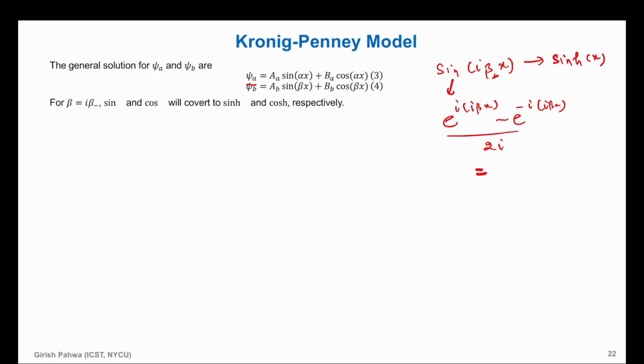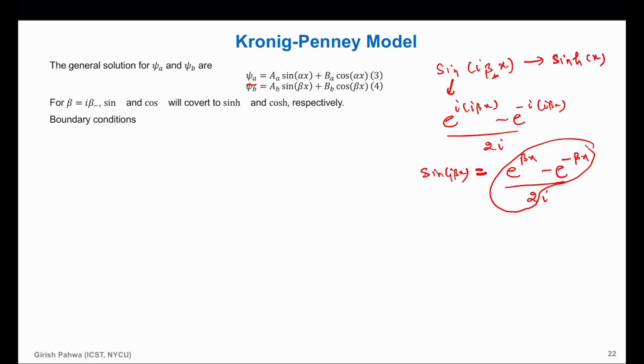It will give you e to the power beta x minus e to the power minus beta x divided by 2i. So this is my sin of i beta x. What is this thing? This is sine hyperbolic x. Okay, so sin of i beta x is some i times, I think, sinh x or something like that. Some constant times though. So that constant can be absorbed in the coefficient, so it doesn't matter.